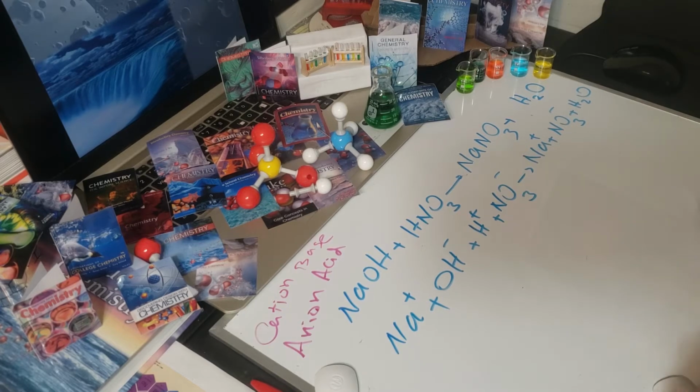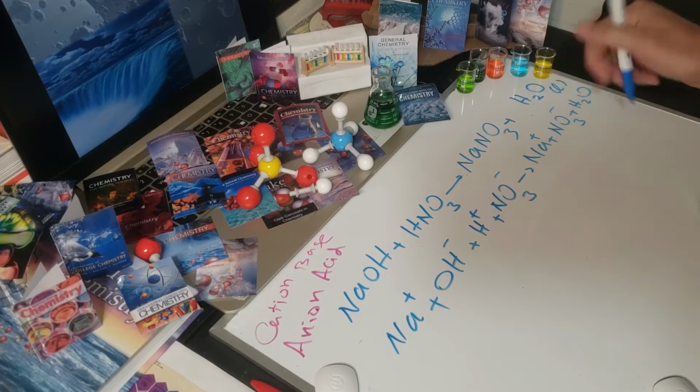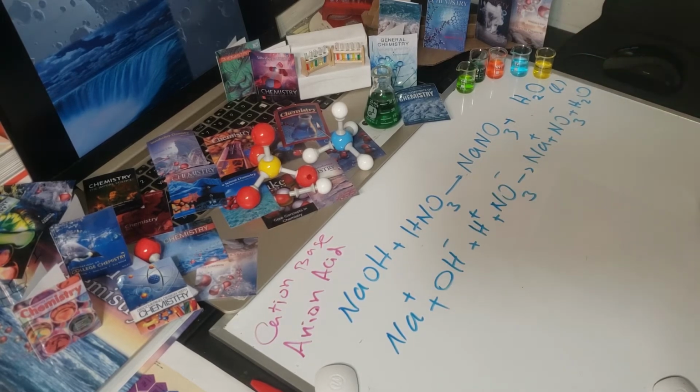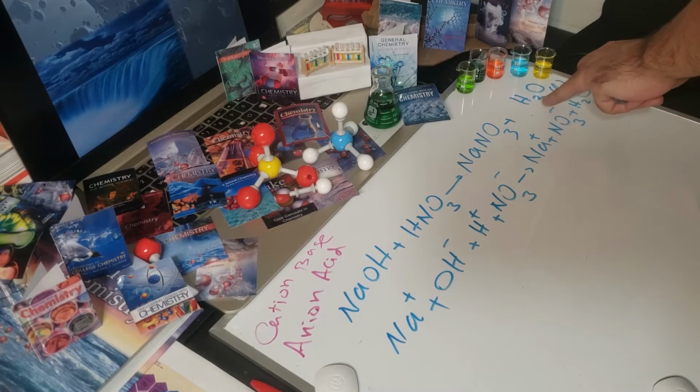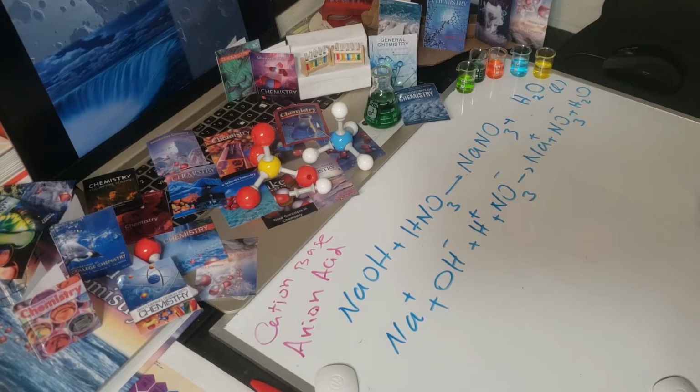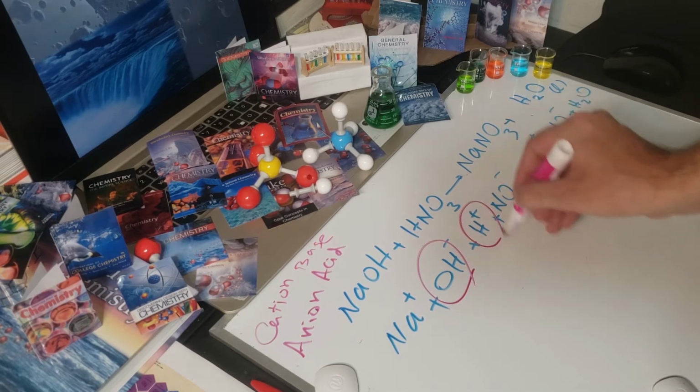H2O is the one that's going to be liquid. Again, I don't put aqueous here, but you should notice that when you have an acid-base reaction, H2O is the one that's going to be liquid. It's mostly given in an equation that H2O is the one that you can't dissociate.